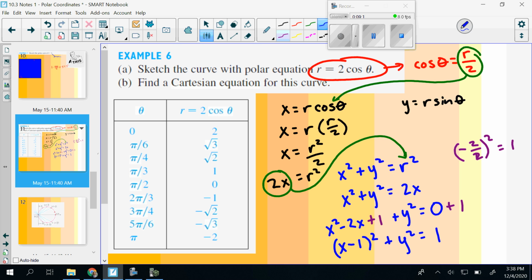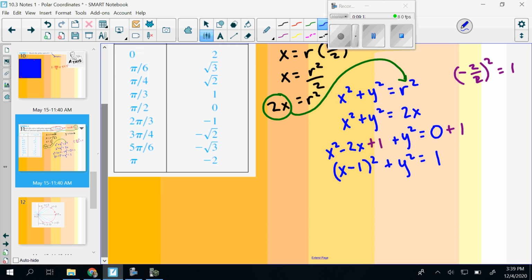And that's a circle. That's the equation of a circle. And the center here would be the point 1, 0.